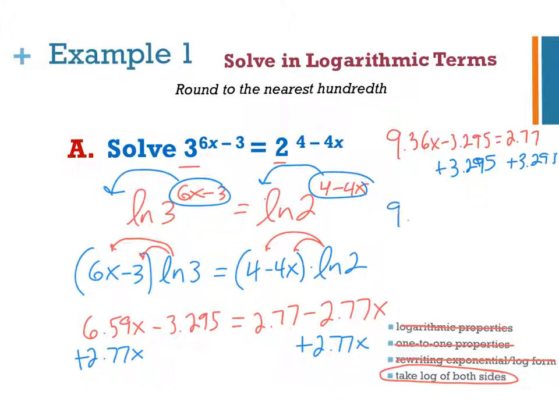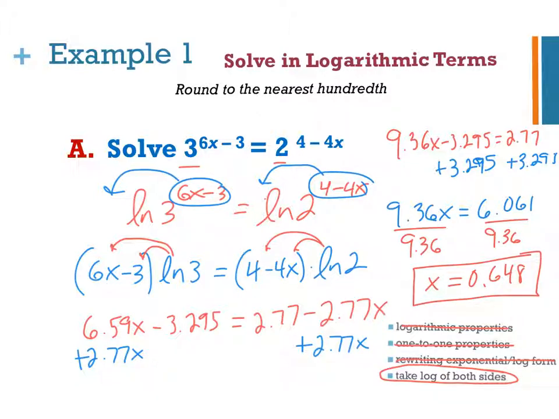And I have 9.36x equals 6.061. And then in order to solve for x, if I divide by that 9.36 to both sides, I'll have my final answer of 0.648.